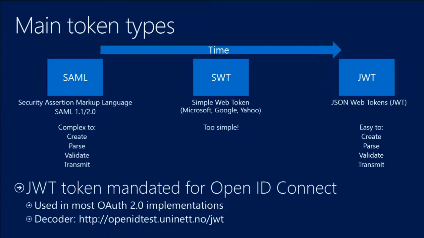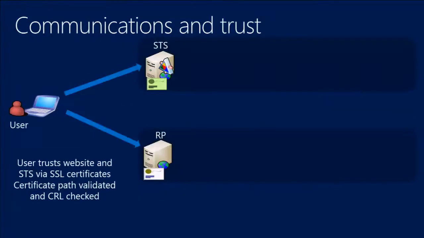As for token types, we've got SAML. For a while, there was the simple web token, but now the de facto standard is either SAML, if you're using an enterprise protocol, or, if you're using a simpler protocol, a JSON web token, known as a JWT.